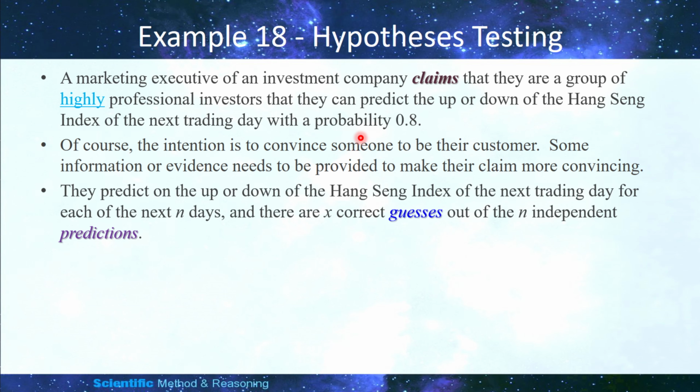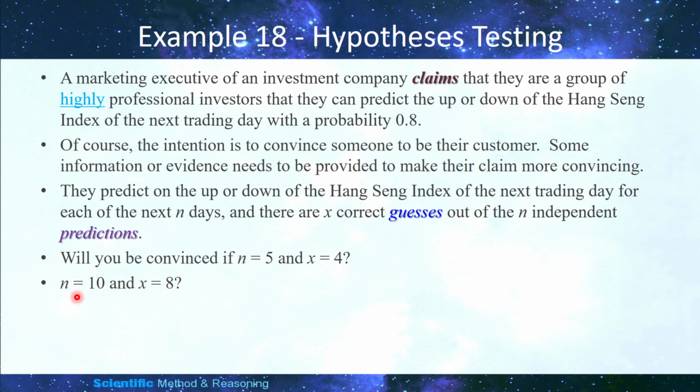Is the claim justified? They predict the up or down of the Hang Seng Index of the next trading day, for each of the next n days, and there are X correct guesses out of the n independent predictions. The question is, will you be convinced if there are 4 correct guesses out of 5 independent predictions?